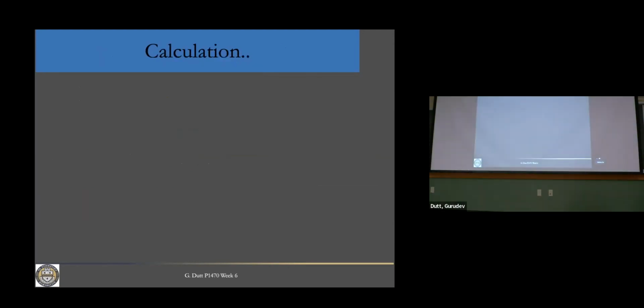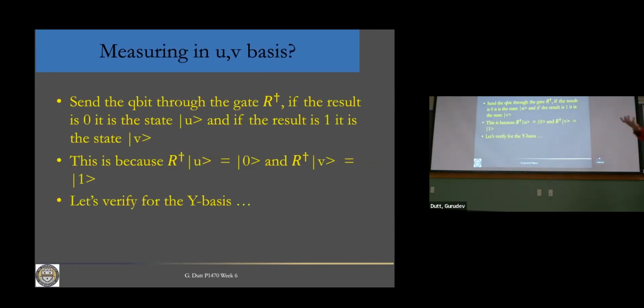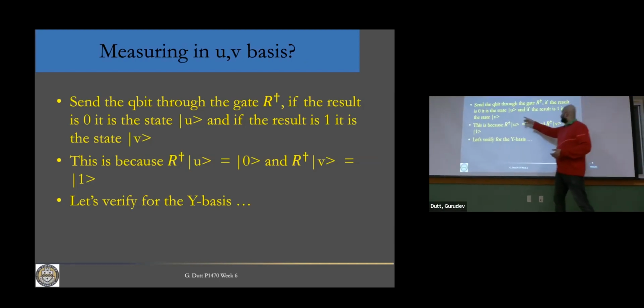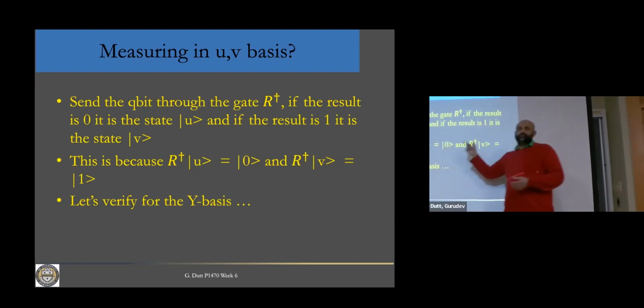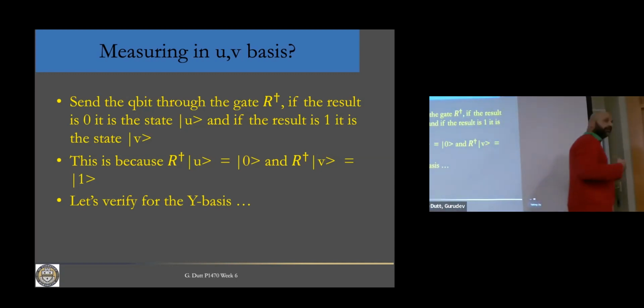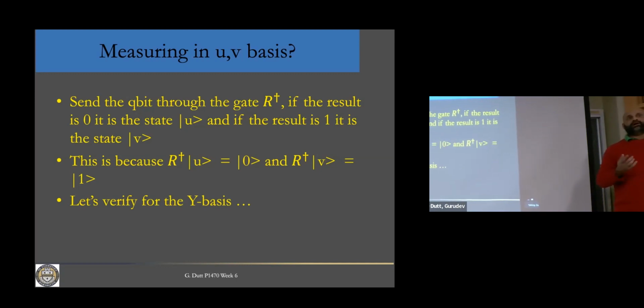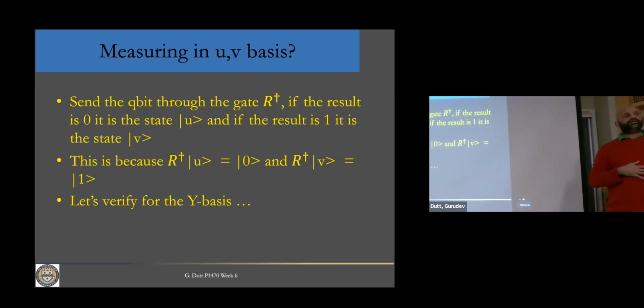The other way, with our linear algebra and our knowledge of gates, we know that R dagger times U must be 0, because we just showed on the board that R times 0 is the state U, and R times 1 is the state V. Remember R is unitary, so R dagger is its inverse.